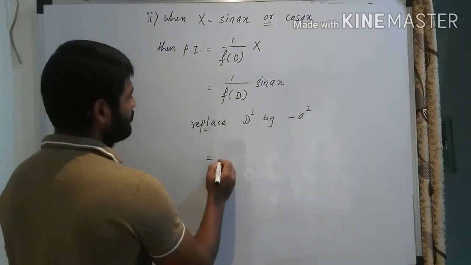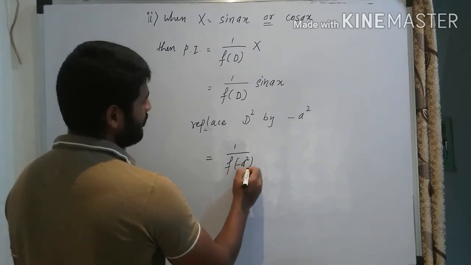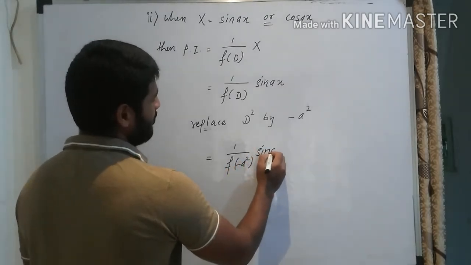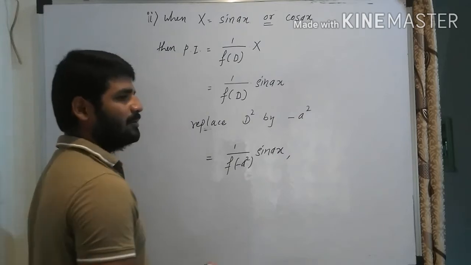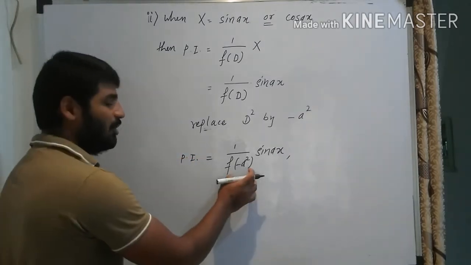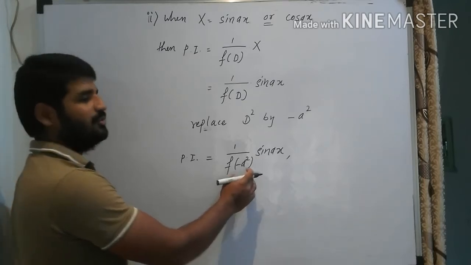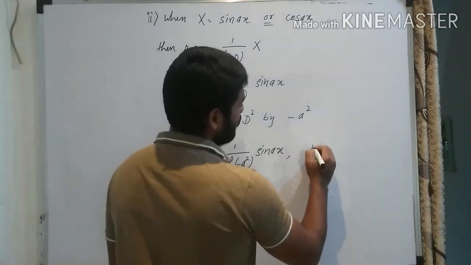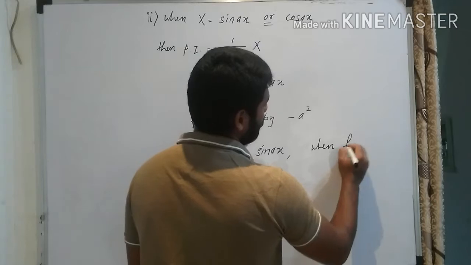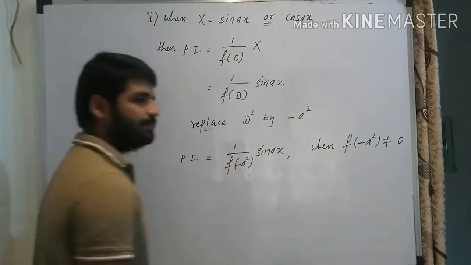So it gives 1 upon f of minus a square into sin ax as it is. This is your required particular integral only when the denominator f of minus a square is non-zero, that means when f of minus a square is not equal to 0.